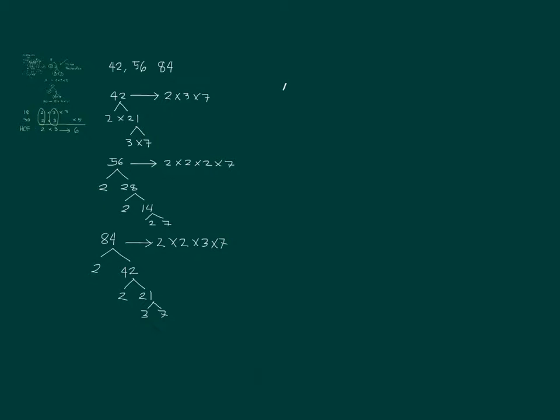Okay, so the next thing that we need to do, we'll make that special alignment of factors. So we write 42, I have 56, and I have 84. So let's get the factors of 42. I have 2 times 3 times 7. For 56, I have 2, and then there's another 2, but 42 doesn't have it, it only has one 2.